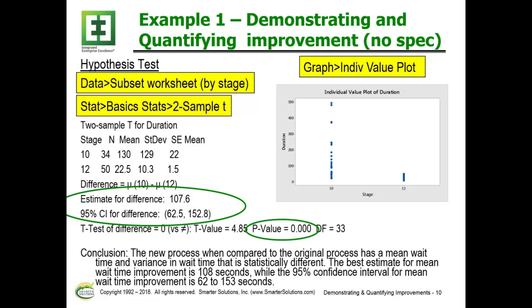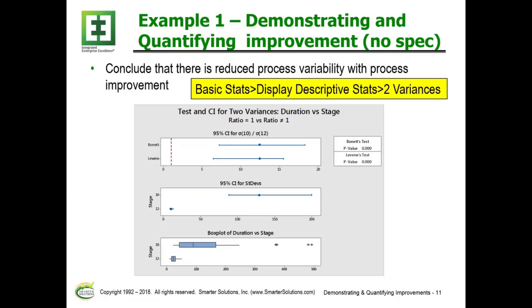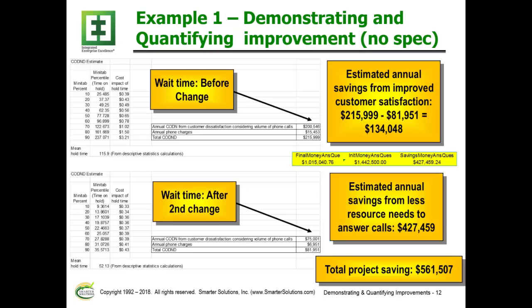So now you're given a visual and a statistical assessment of what benefits you actually have achieved through the project. You could also look at the variances and how the variances went down because of what you did.